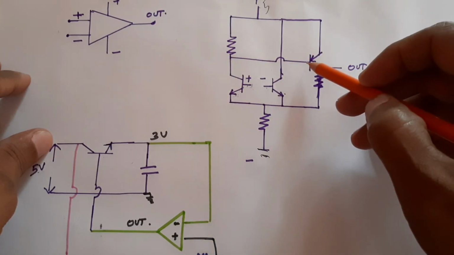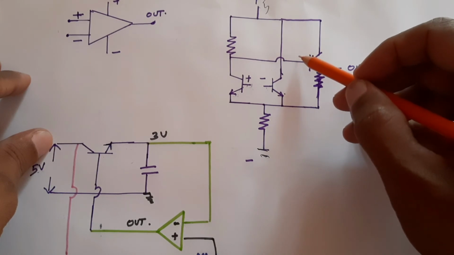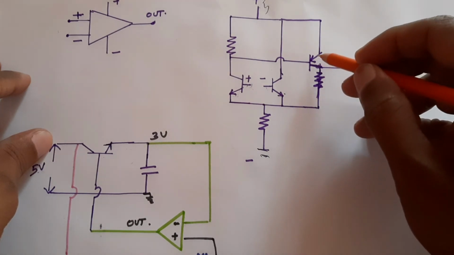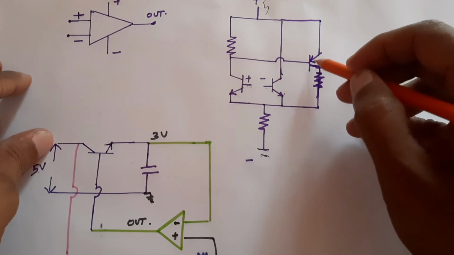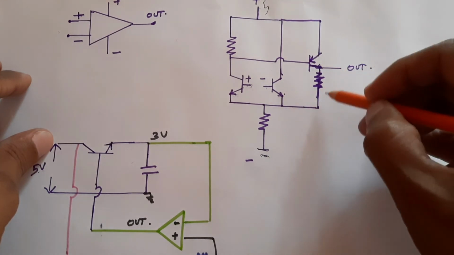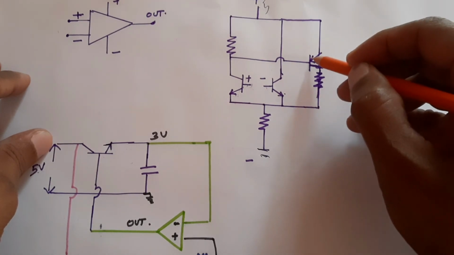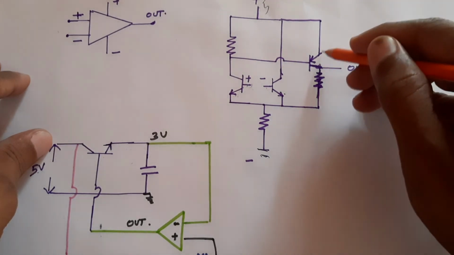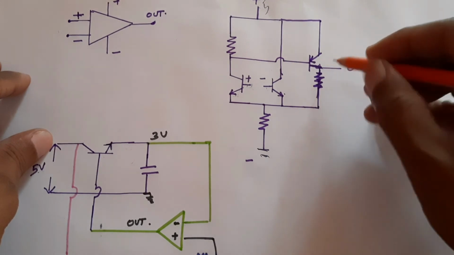As the voltage becomes more, this is a PNP transistor, and as the base voltage becomes more positive, the electron flow through this will be reduced. More positive means it will not conduct more. It has higher resistance, so the electron flow will be reduced, or the path becomes tougher for electrons. So this voltage does not appear here.